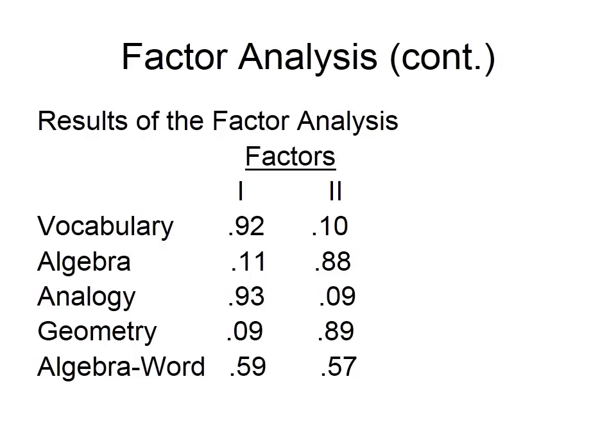Now notice that algebra word kind of loads onto both, but actually slightly loads more on the vocabulary one than the mathematical one. So this would be a good example of, even though we have multiple subsets, that broadly speaking, the construct validity here is we have an overall construct, general cognitive ability, with two primary factors, one of them quantitative and one of them verbal.